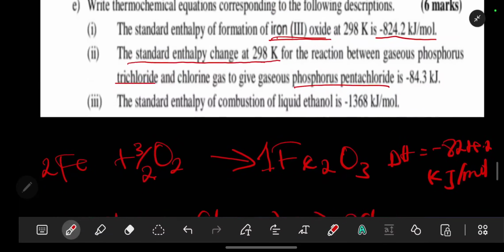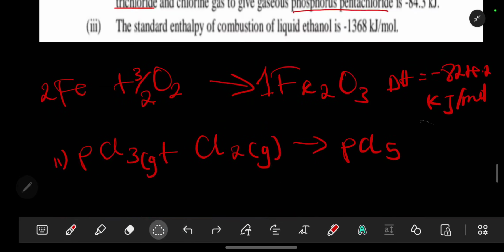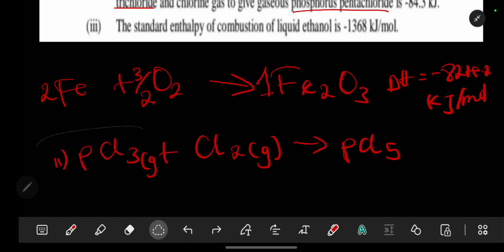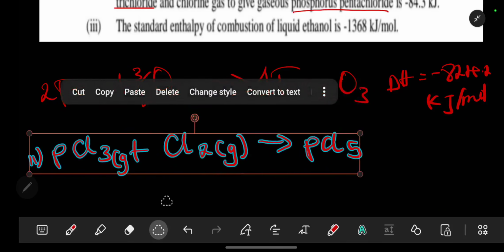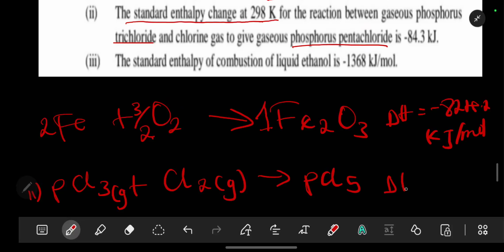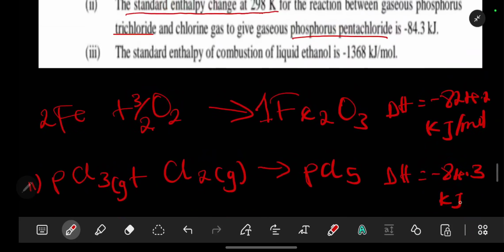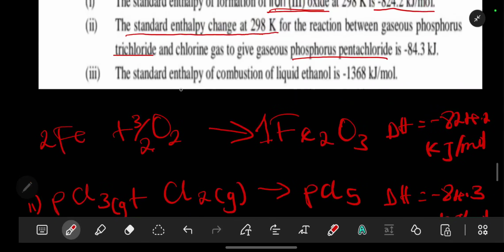We are going to say the change in enthalpy for this one will be equal to our value, which is negative 84.3 kilojoules per mole.